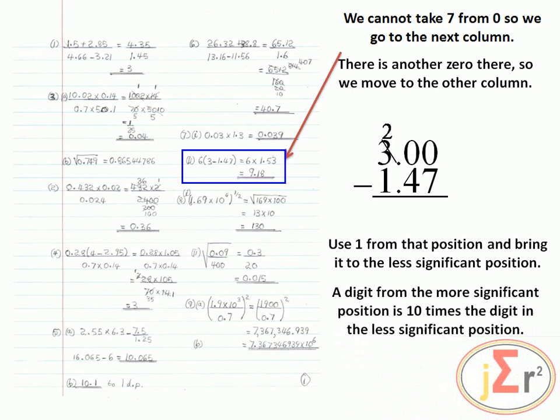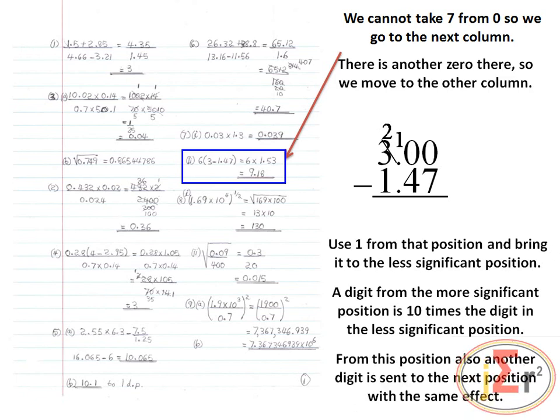A digit from the more significant position is 10 times the digit in the less significant position. So we have 10 there, because the one that we take from this position will be 10 times this one. As we know, as we progress to the left, each time we go up 10 times. From this position also another digit is sent to the next position with the same effect.